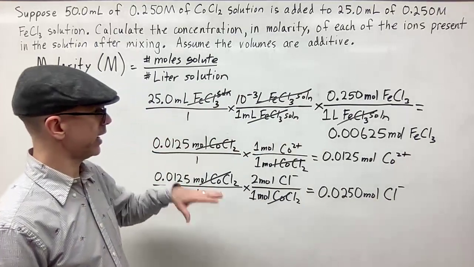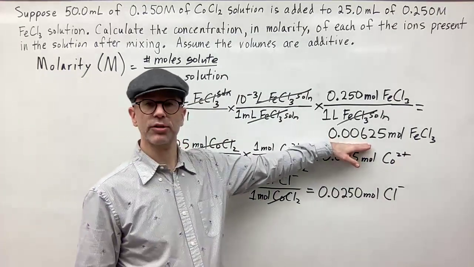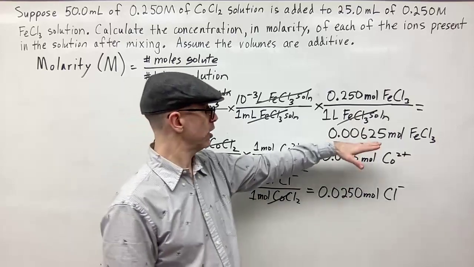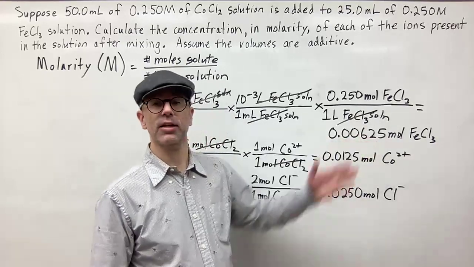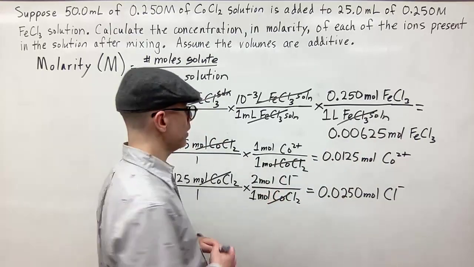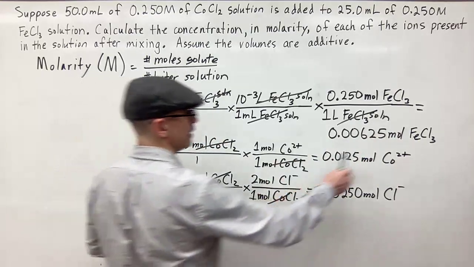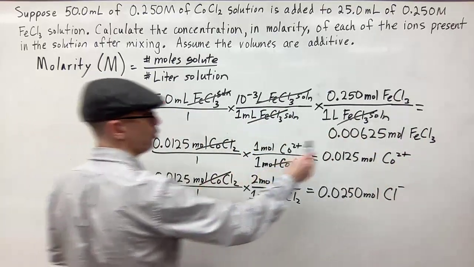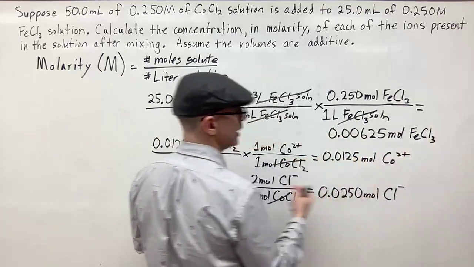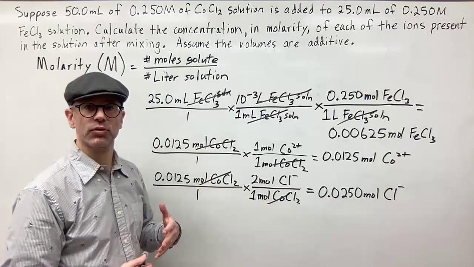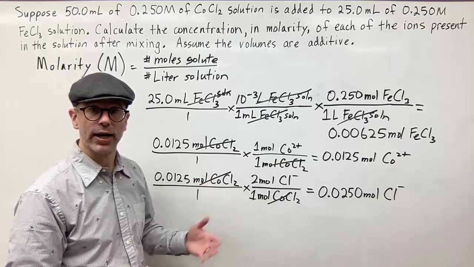So now that we have the moles of iron 3 chloride, we can now use that to determine the number of moles of iron and the number of moles of chloride ion from the iron 3 chloride. So then we're going to just do the same thing. We're going to take the moles of our iron 3 chloride and use the mole ratio from the formula to get the moles of iron ions, and get the moles of the chloride ions.